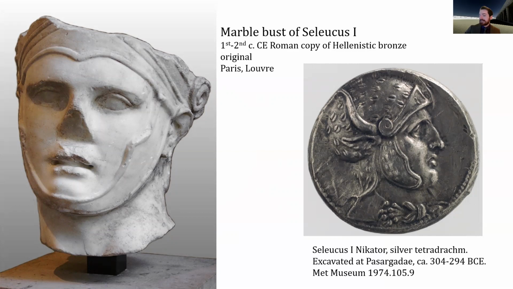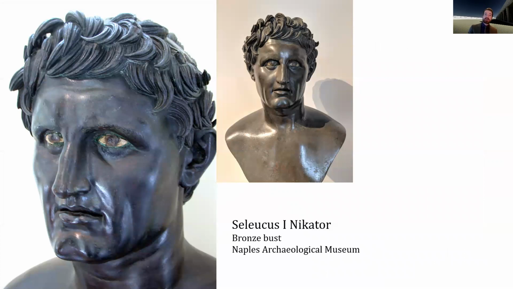Now, you'll notice that I mentioned that this coin was excavated at Pasargadae. So the Seleucids continued to use Pasargadae in a couple of ways. We'll talk a little bit more about that in a bit, about how the Seleucids appropriated, abandoned, and reused Achaemenid sites of imperial power.